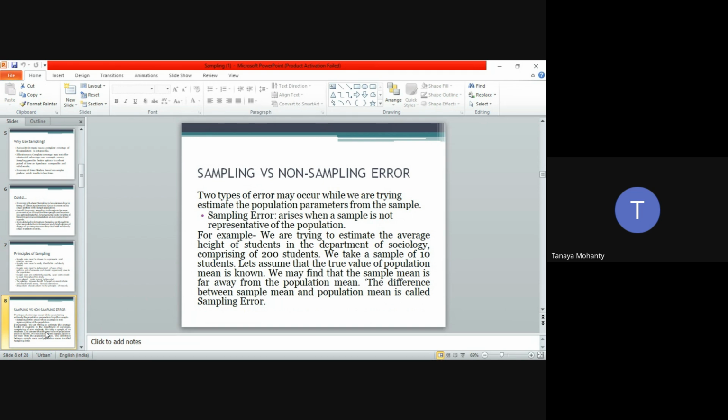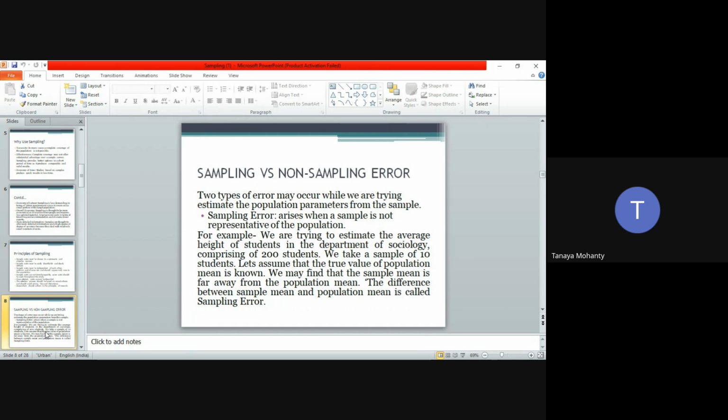There are 200 students, and out of those 200 I have chosen 10 students. If I calculate the mean height of these 200 students, it will come around, say, 5 foot 4 inches.